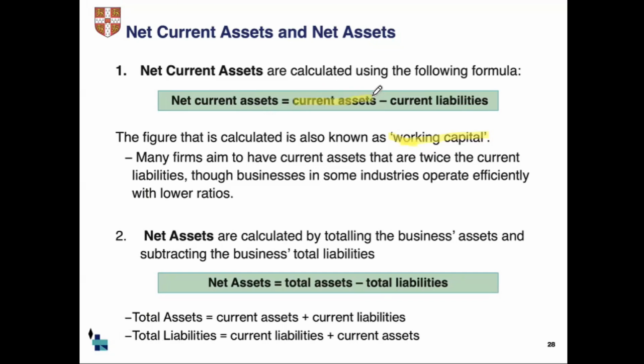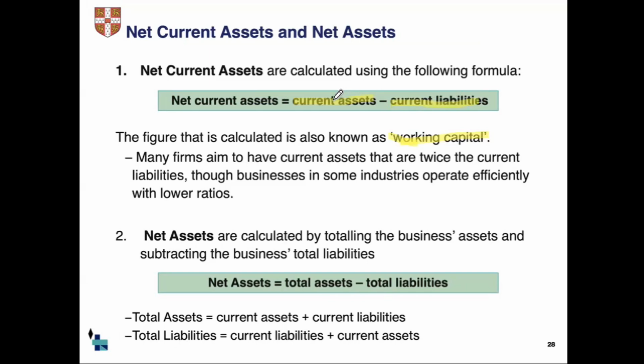These are assets that a business plans to retain, to keep for less than 1 year. An example is stock or cash. And how do we calculate net current assets? It is current assets minus current liabilities, those debts or owings that the business expects to repay in 1 year.